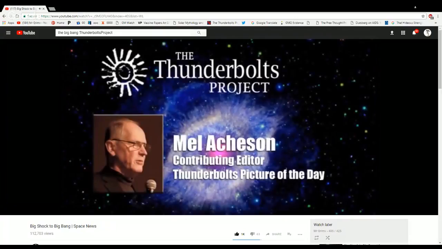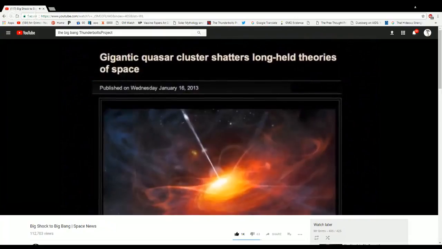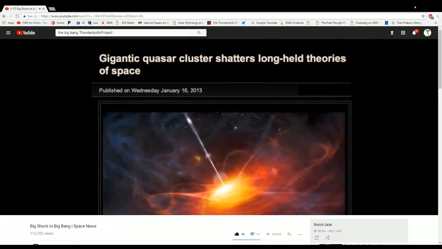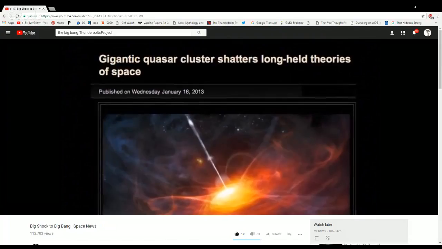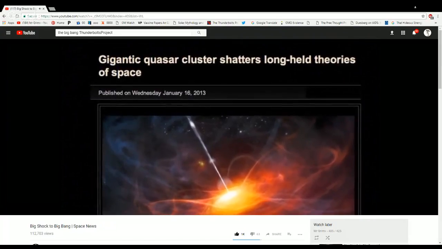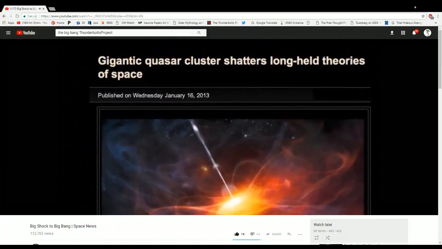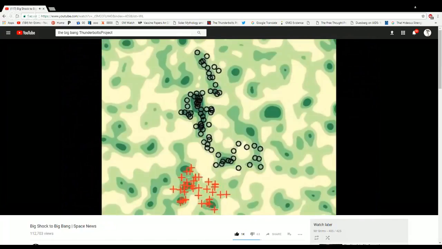This large quasar group, they call it the Huge Quasar Group. It's almost 9 billion light years away. That's if the assumption that distance is proportional to redshift is true. It's 4 billion light years long.